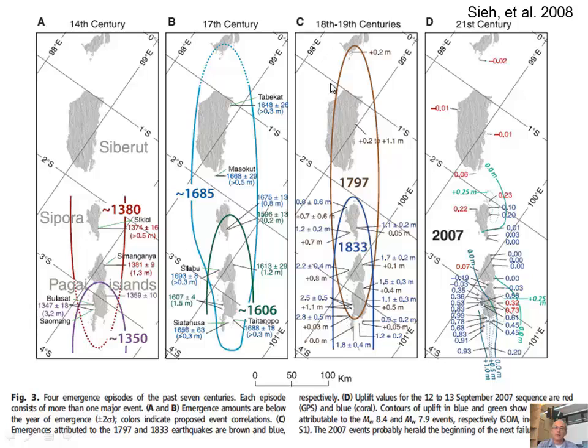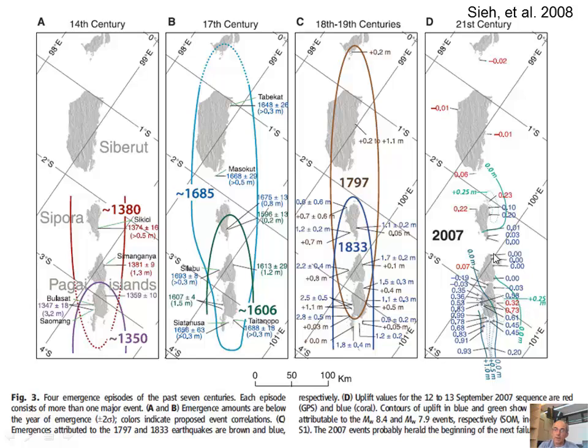In 1797, there's some event that happens under the islands. And then 1833, we've already talked about. That was the Zachariasen study. She had pretty good control on it. Also we could measure in 2007 these earthquakes, and the blue and green show 8.4 and 7.9.